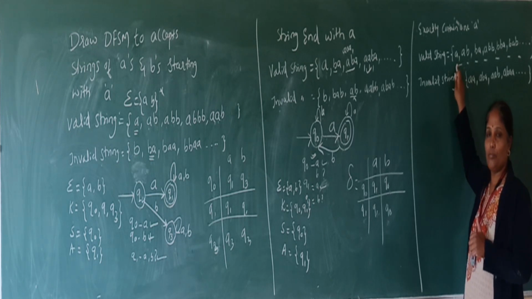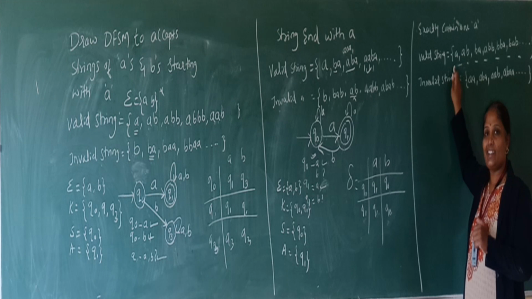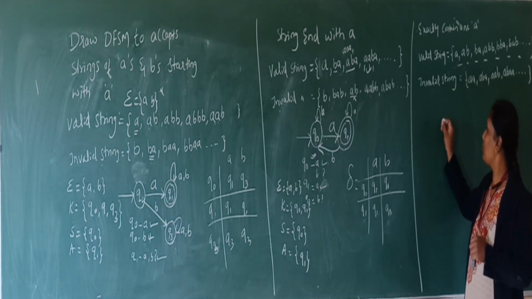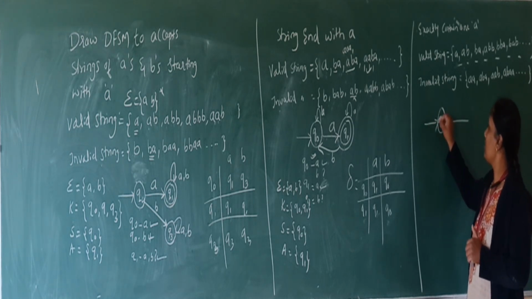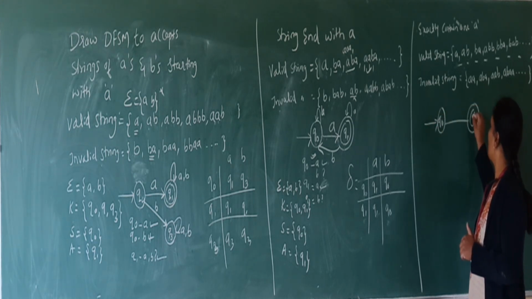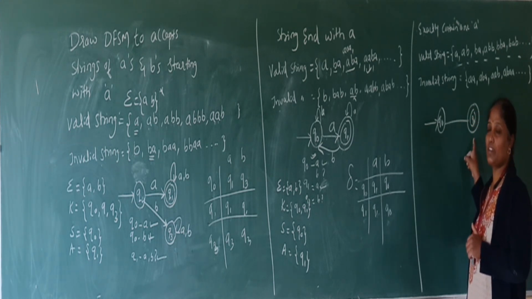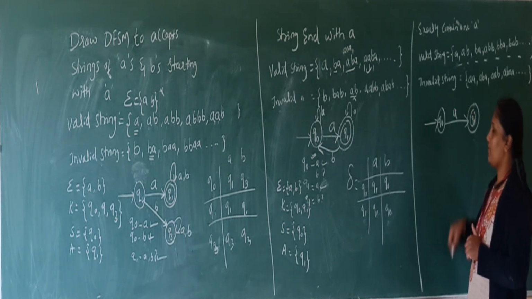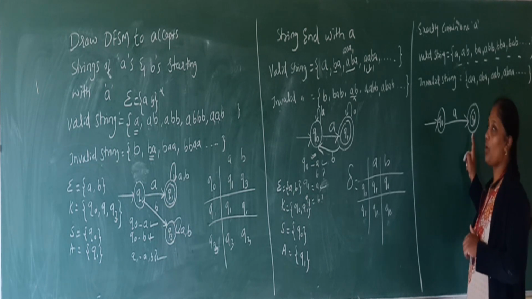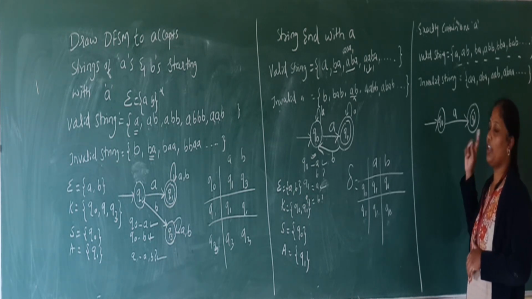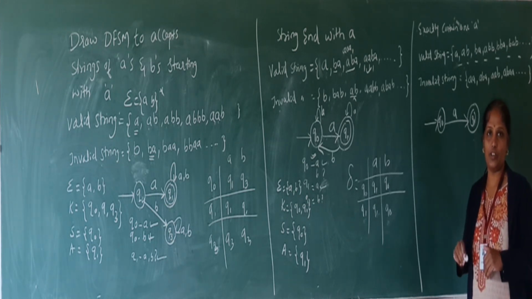So A is the minimum string occurring in the valid string list. How many states are there in the DFSM? A single character is there, so 2 states will come. One is the Q0 state, another one is the Q1 state. So this is the basic structure I had drawn for the DFSM. First thing is you should draw the basic structure. After that you think about the remaining transitions.